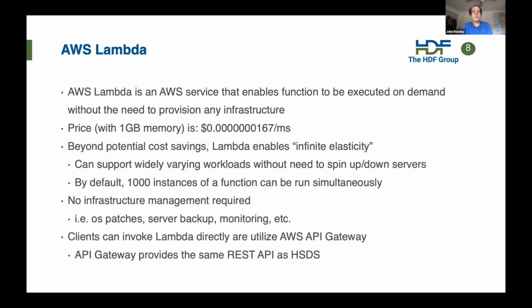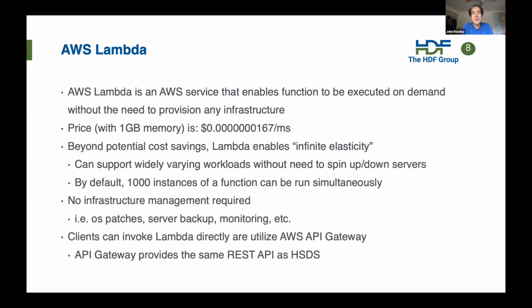So AWS Lambda is a relatively new service and it's evolved quite a bit over the last few years. The price is an astounding 0.000000167 dollars per millisecond that your function runs.